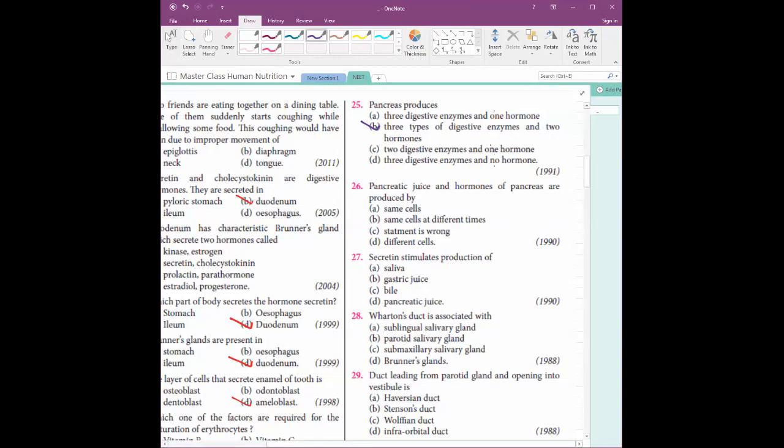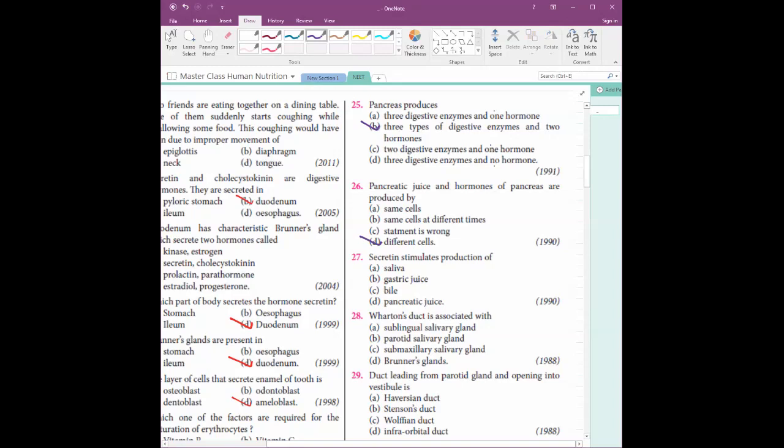Chalo. Next one goes to Dia Patel. Yes, Dia. Pancreatic juice and hormones of the pancreas are produced by... Very simple. Zui is right. Dia is right. Tanishka is also right. So these are going to be produced by completely different cells altogether.